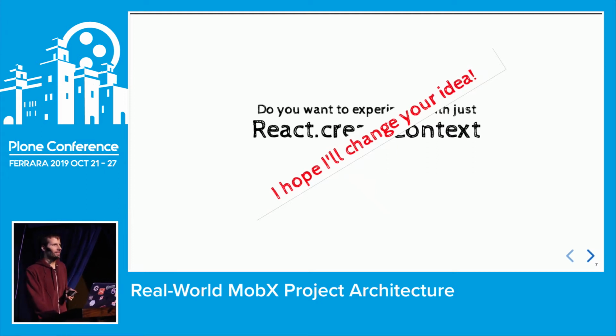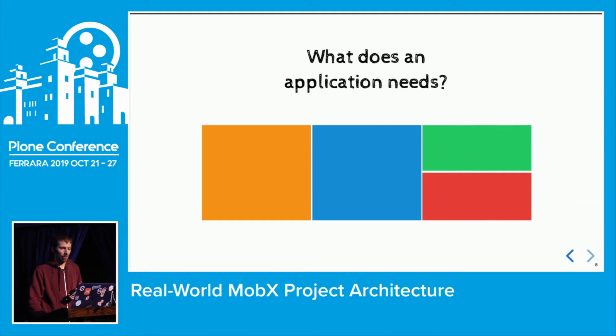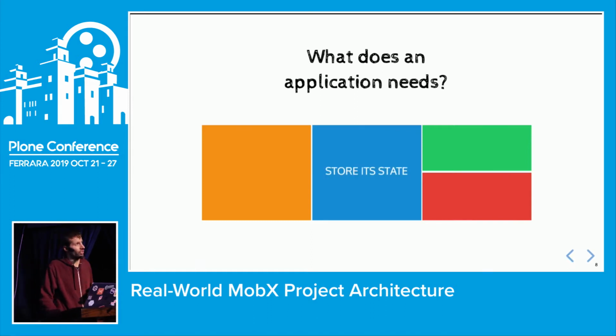OK. Let's start by thinking about the basic things that every application needs. Every application needs a way to store its application state, because the application has some internal state. And our application isn't a static page, right?